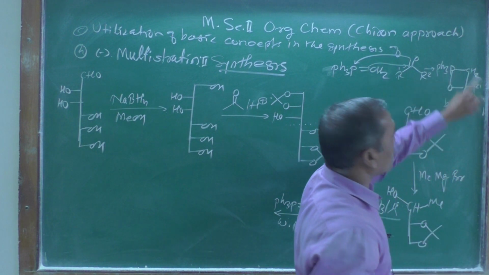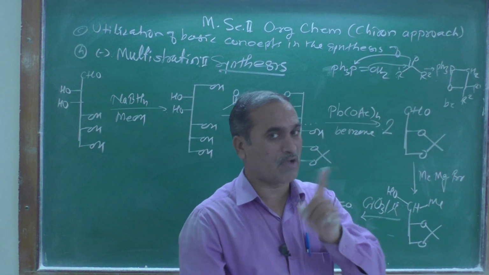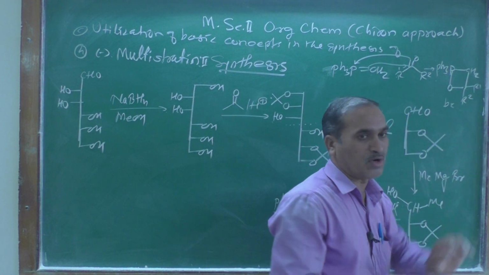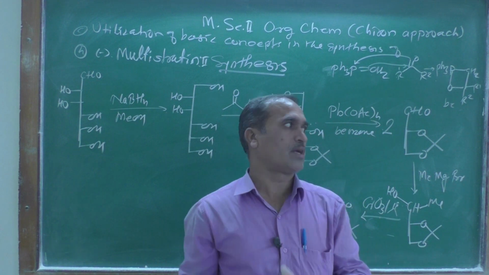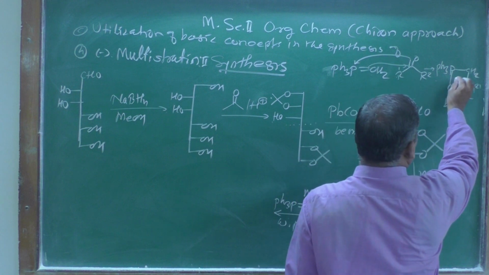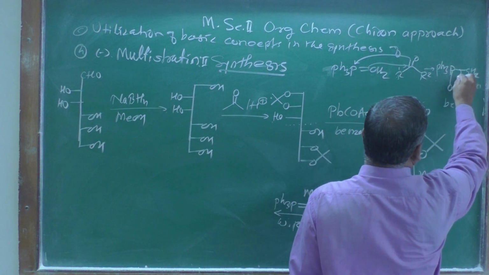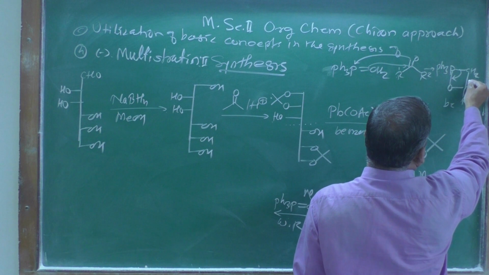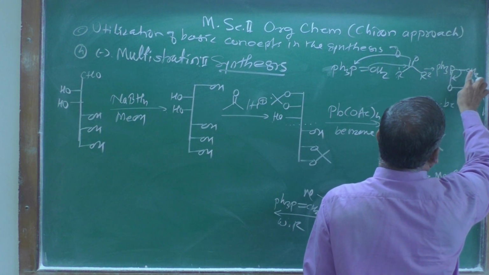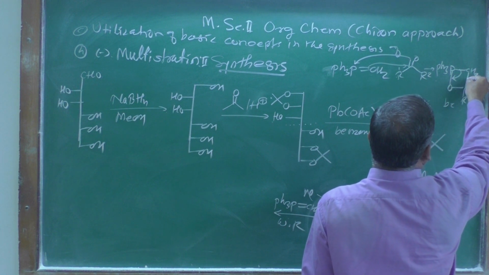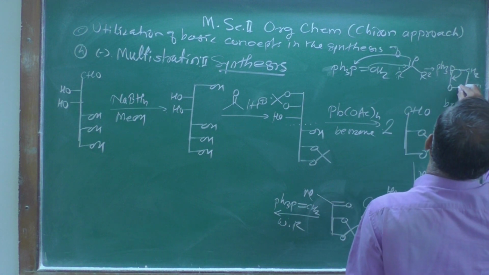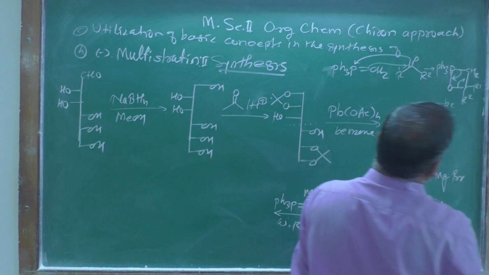And now this phosphorus is the driving force to break this carbon-carbon bond, because phosphorus has a great affinity toward oxygen, therefore this forms a double bond over there, and here you are going to get this one, a double bond over there.